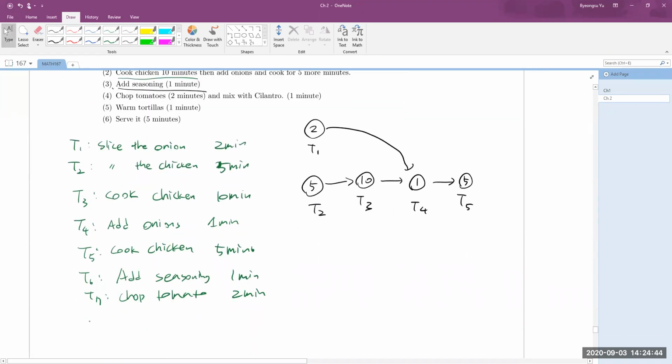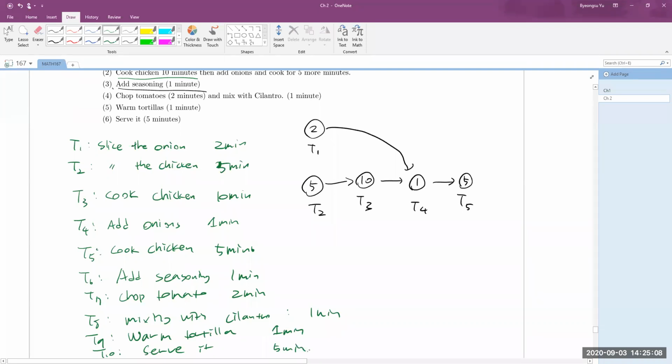And T8 is mixing with cilantro, which takes 1 minute. And T9 is warm tortilla. And T10 is serve it, serving it in 5 minutes.